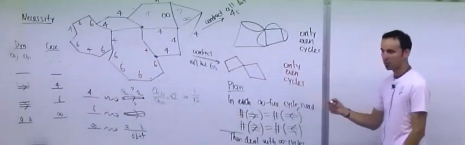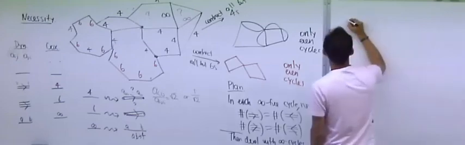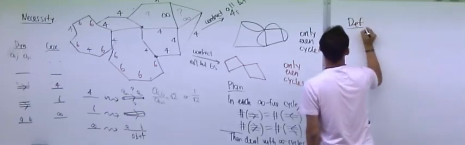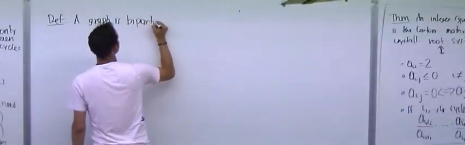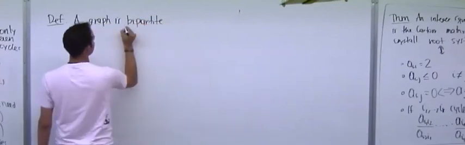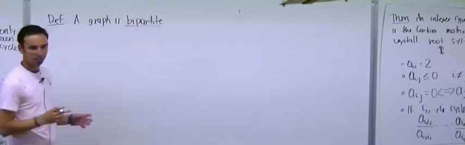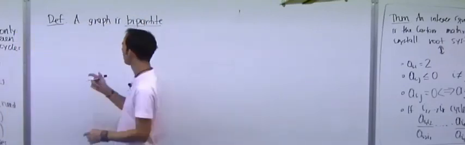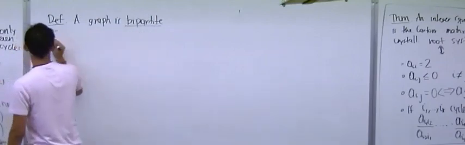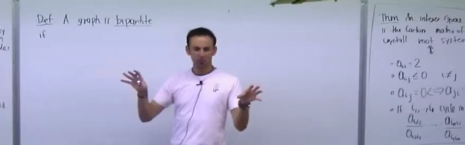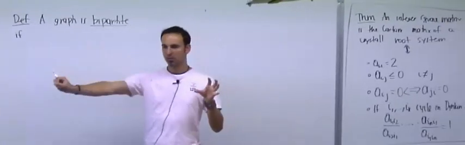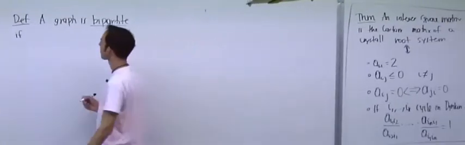Here's a nice fact about graphs with only even cycles. There's something called a bipartite graph. A graph is bipartite if you can bipartition it into two sets of vertices so that all the edges go from the left set of vertices to the right set of vertices.